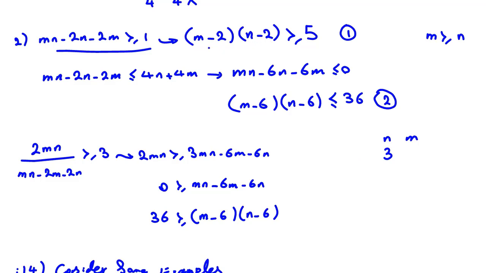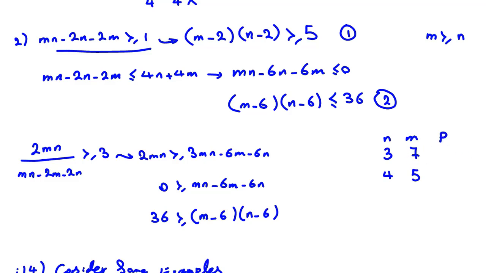It should be at least 7. For example, if n is 4, this one 2 times what is at least 5? 2 times 3. So m should be at least 5. Okay, these are the minimum cases. And so, for example, for 3, if 3, 7 works, we shouldn't check 3, 8 because it will be the best.